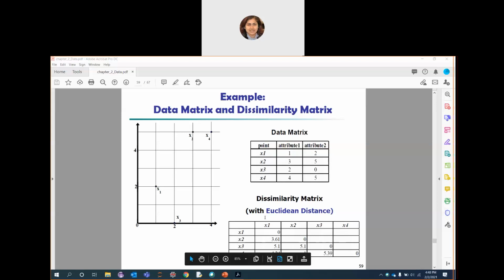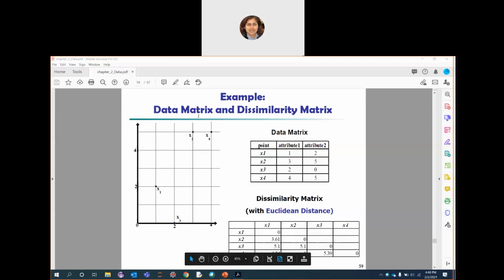Now let's say we don't have the Euclidean distance or dissimilarity matrix; using the formula, you are going to determine that. So the distance between x1 and x1 is what? They are the same, 0. x2, x2, 0. x3, x3, 0. x4, x4, 0. The diagonal is always 0. You don't have to compute anything.